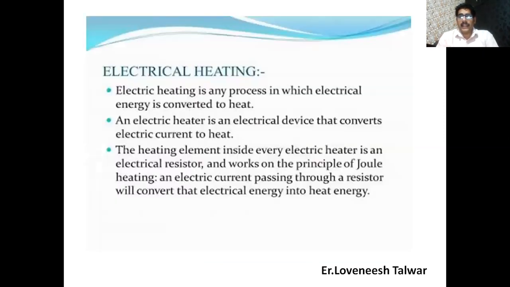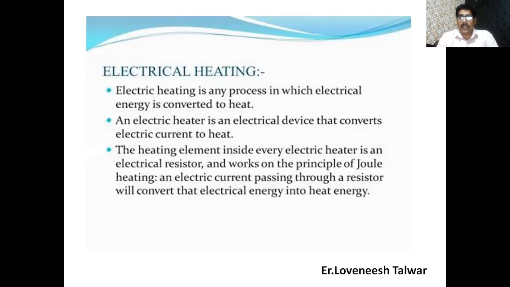Electrical heating is any process in which electrical energy is converted into heat energy. As we all know, energy can neither be created nor destroyed, but it can be transferred from one form to another. So in electrical heating, the electrical energy is converted into heat energy. An electrical heater is an electrical device that converts electric current into heat.